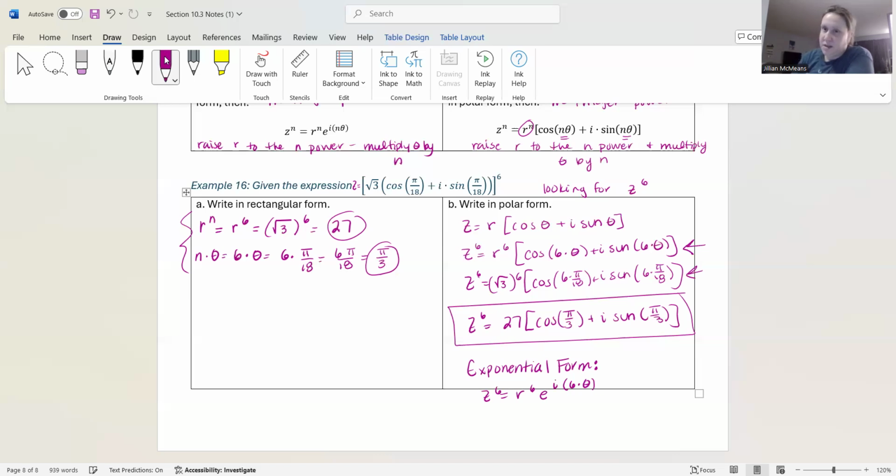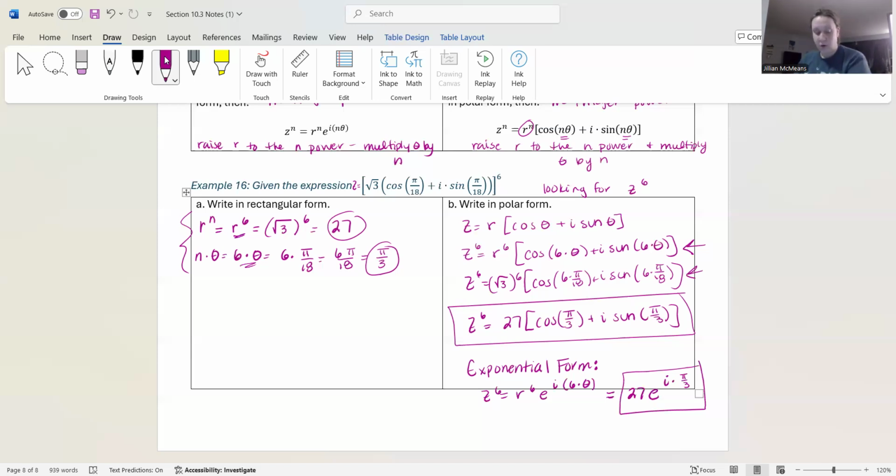Remember, n is 6 in this case. So we're just going to plug in r to the sixth, which we have already found, and 6 times theta, which we have already found. So we would get that z to the sixth equals 27 times e raised to the i times pi over 3. And that would be the exponential form. So we really did need to do polar form first.